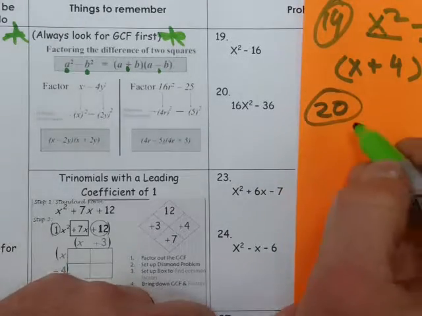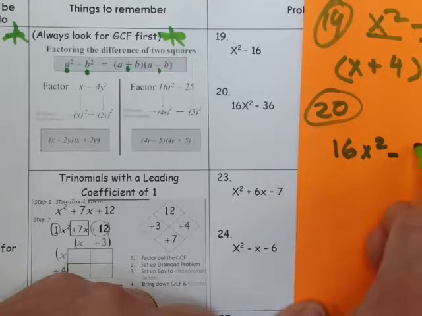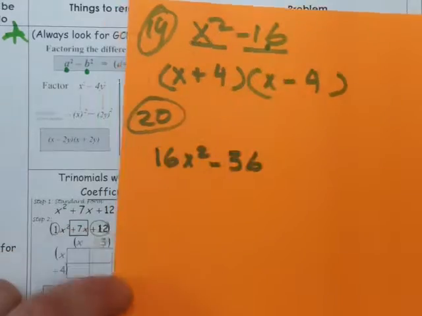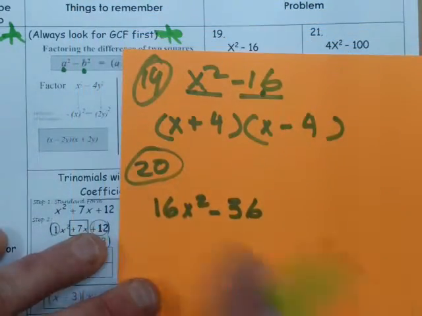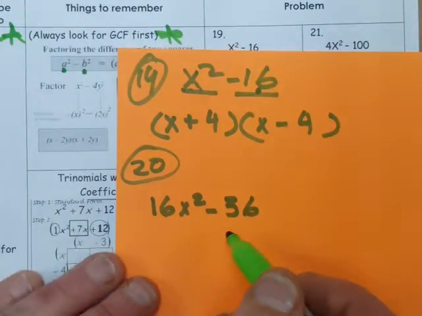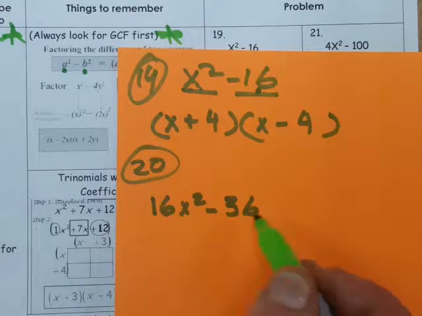Okay, so number 20, we have 16x squared minus 36. First, we need to look for a GCF. Between 16x squared and negative 36, is there a GCF? Yes, there is.